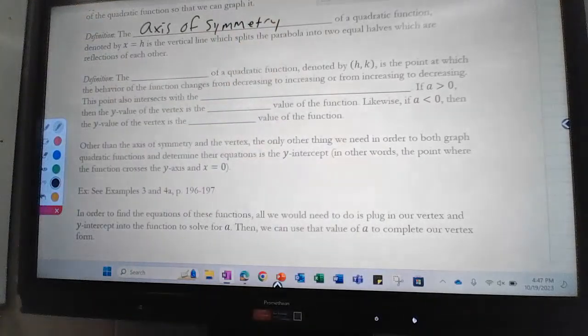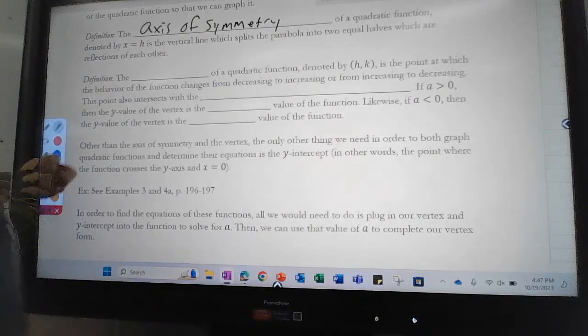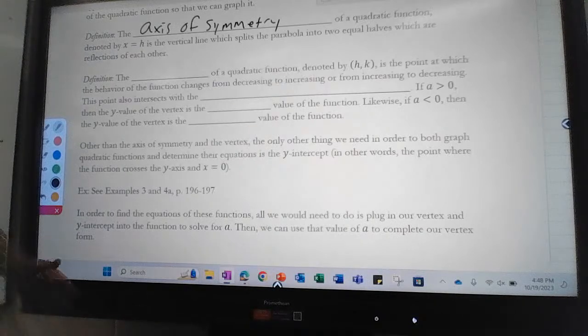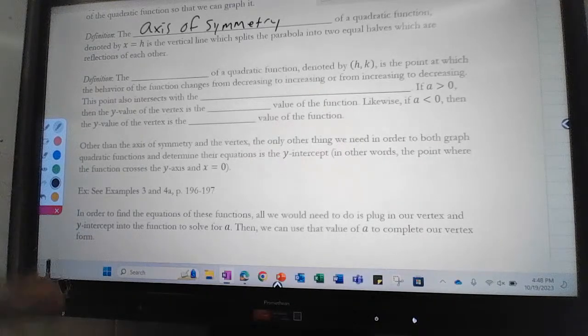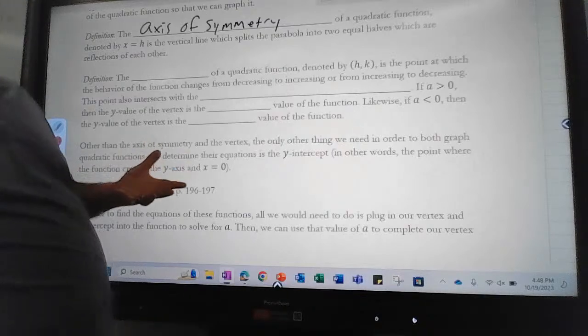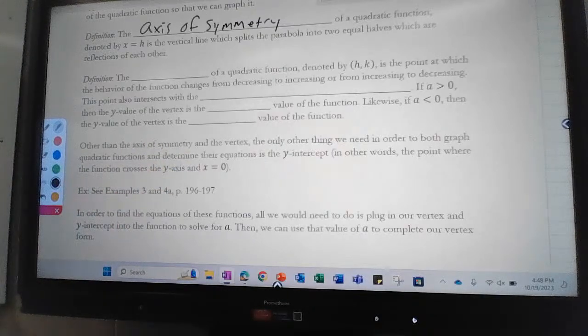The axis of symmetry of a quadratic function, which is denoted by the vertical line x equals h, is the vertical line which splits the parabola into 2 equal halves, which are reflections of each other. If you scroll down towards your notes, you'll see a picture of the parent function x squared, and you can see that the axis of symmetry completely splits that parabola right down the middle, where both sides end up being reflections of each other across that axis.